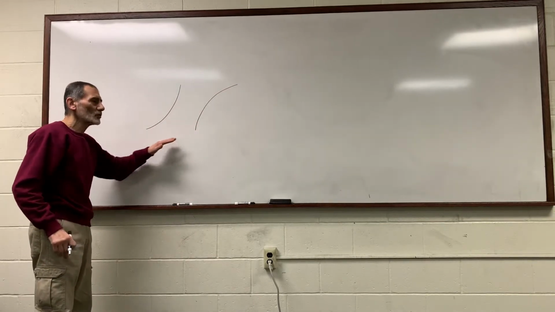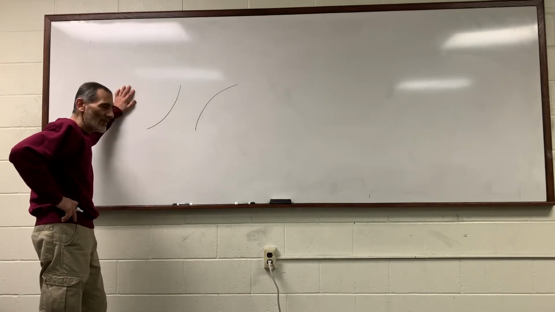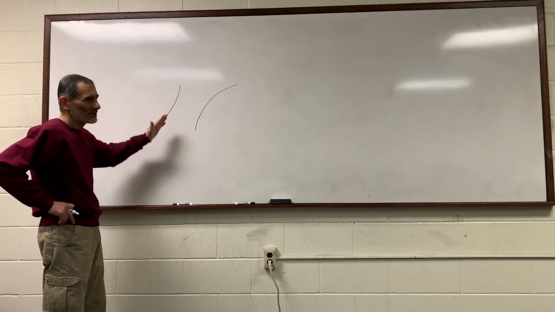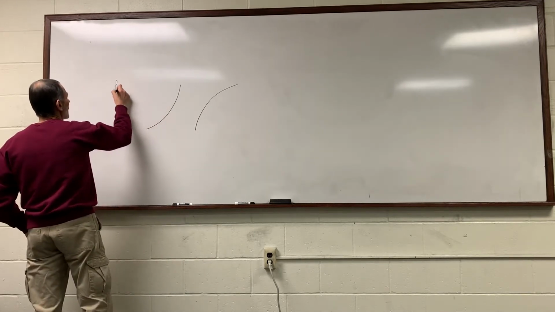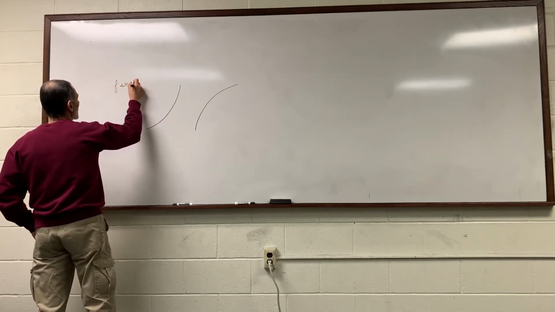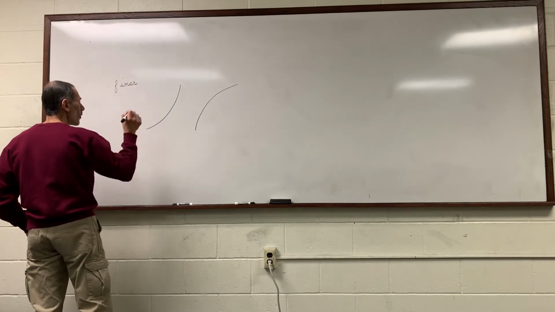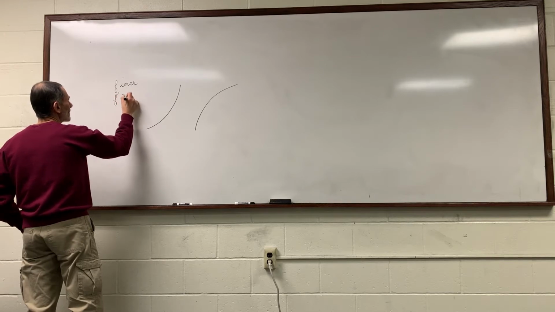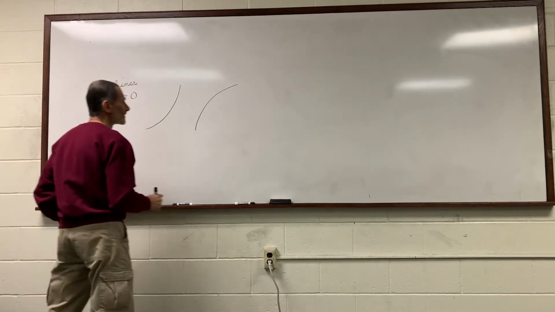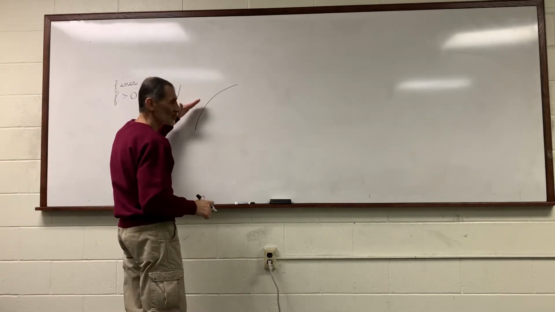When we look at these two curves, we can see that they are both increasing. The function is increasing in both of these. We can say that f is increasing here, which means that the first derivative, f prime, is positive. This also is increasing. The slope is positive.